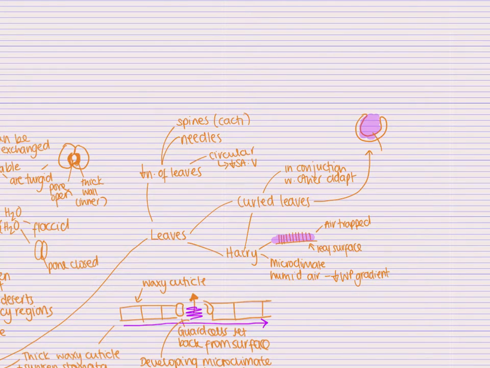So that stagnant, humid air that can't be moved away. The wind can't get to it because effectively the curls around the leaf, or the leaf curling in on itself, stops any wind being able to get in there. Okay, and therefore we are reducing the water potential gradient again, so limiting our water loss.